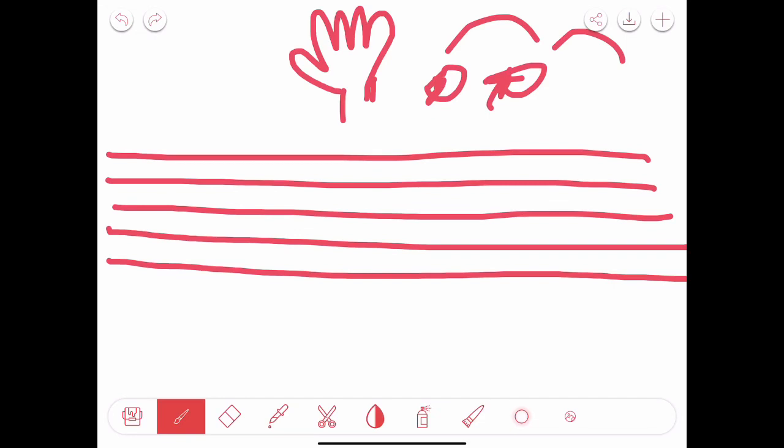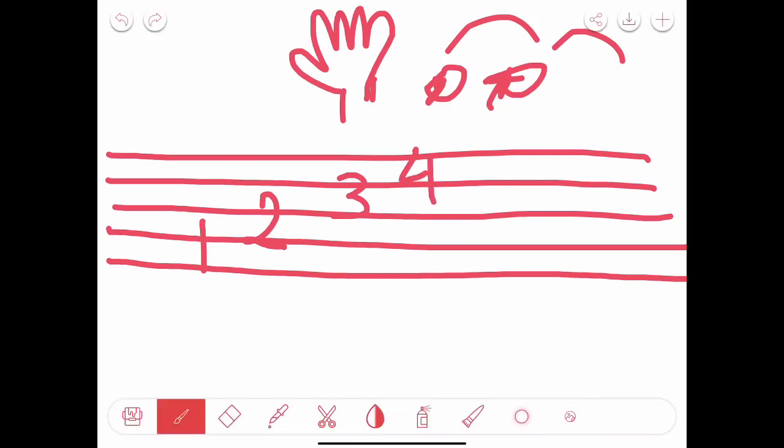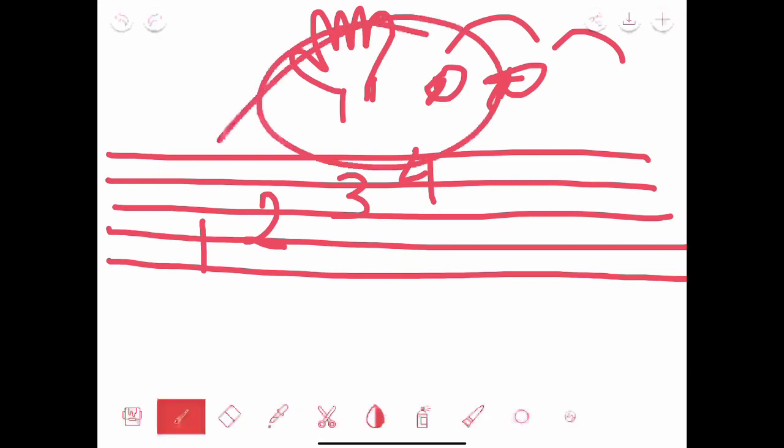And now when you count the spaces, you just count the spaces between your fingers as 1, 2, 3, 4. 5 lines, 4 spaces. 5 fingers, 4 spaces.